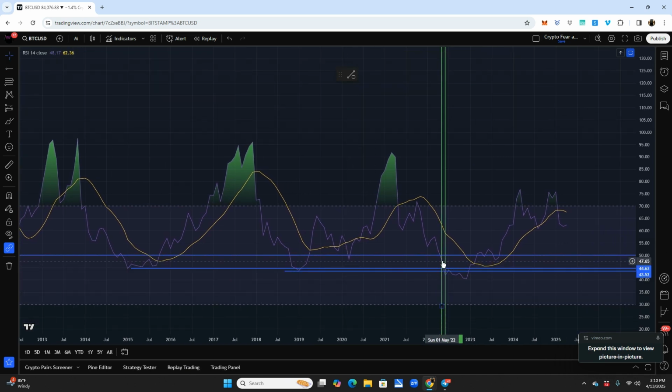Right here at this first green line, no, we have not. Okay, so we need to wait a little bit longer, and then at this green line, yes, we did. So those rules apply, and using the trends will help you determine the best times to really be buying.